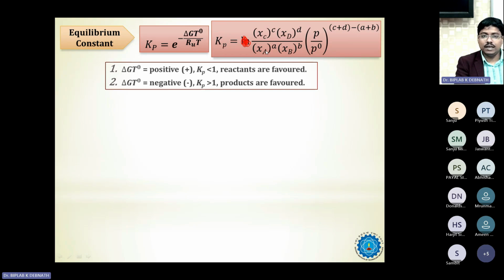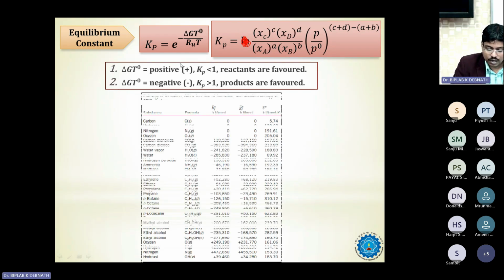Mathematically, by using the proper value, you will understand whether your chemical reaction is going to be completed, whether you will get a product favored rather than a reactant favored reaction, and you achieve the equilibrium condition. So this is how we can calculate the equilibrium condition of a chemical reaction.